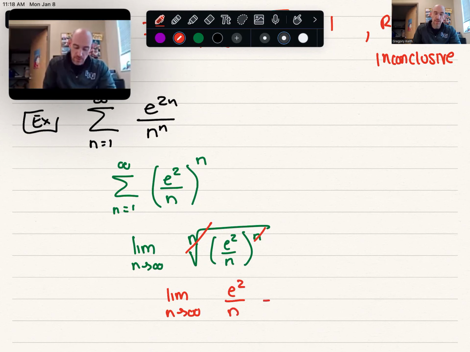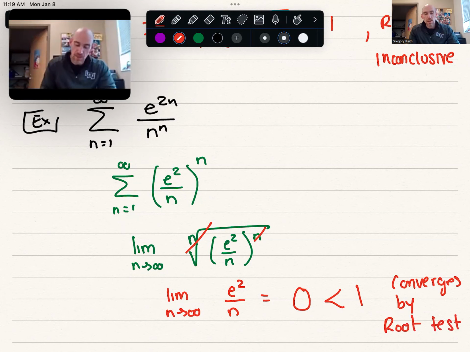If you put infinity in for that, you get e squared over infinity, which gives you 0. And so this is less than 1, so it converges by the root test. So it's very specific how we use the root test. It's not going to be one that we see all the time, but keep an eye out for those things raised to nth powers. That's the best time to use this.